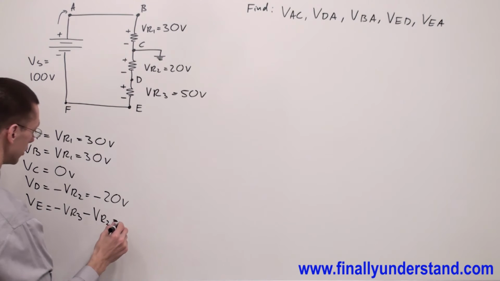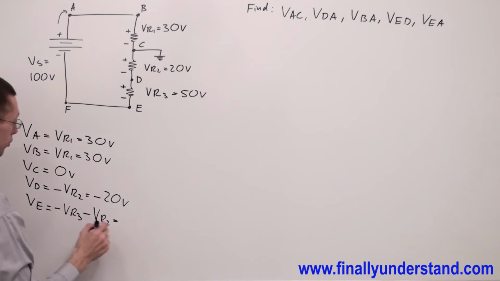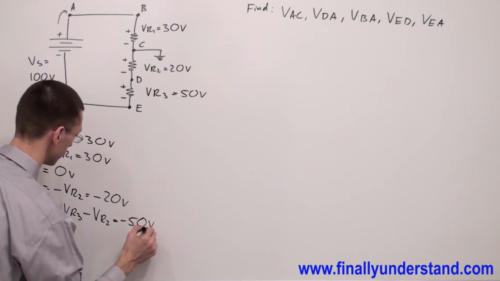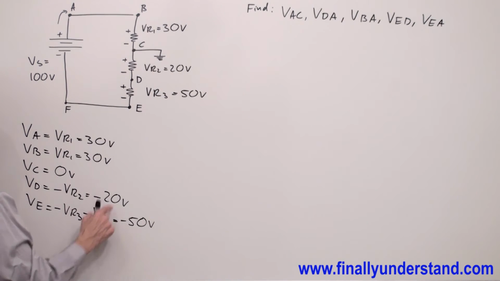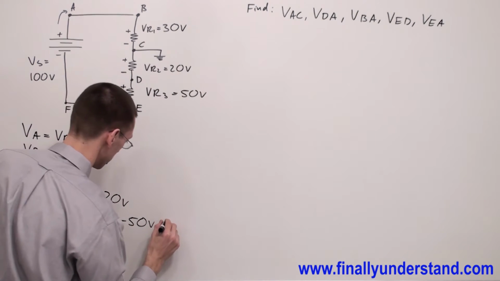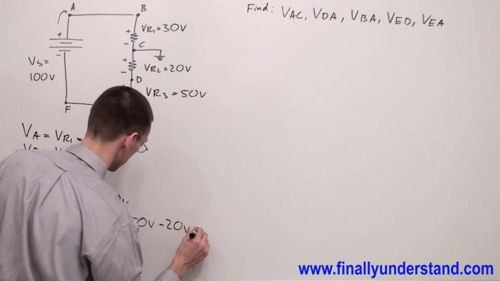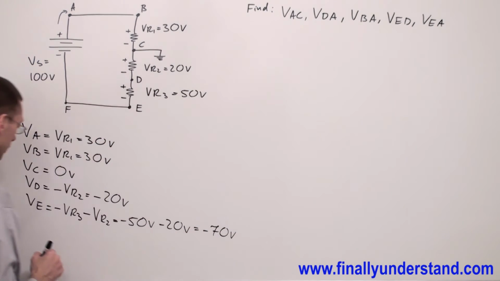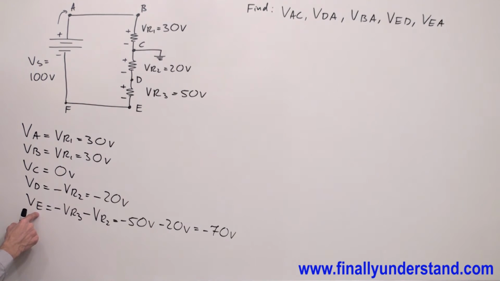So I have negative VR3, which is negative 50 volts, minus VR2, which is 20 volts, which equals negative 70 volts. This is the voltage at point E.